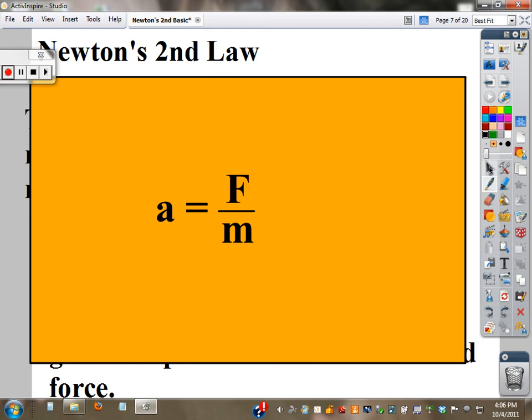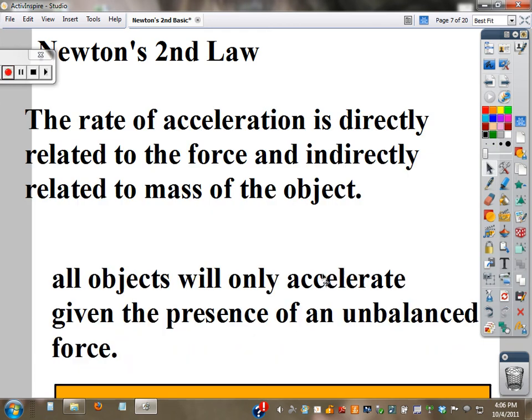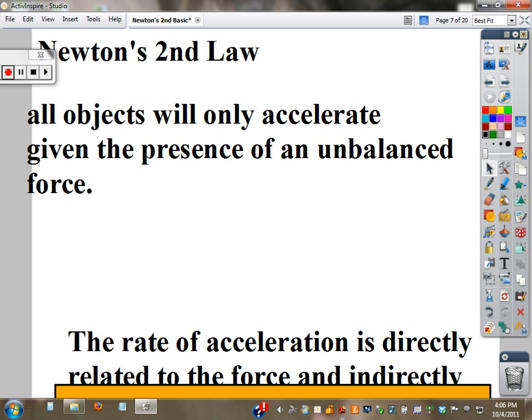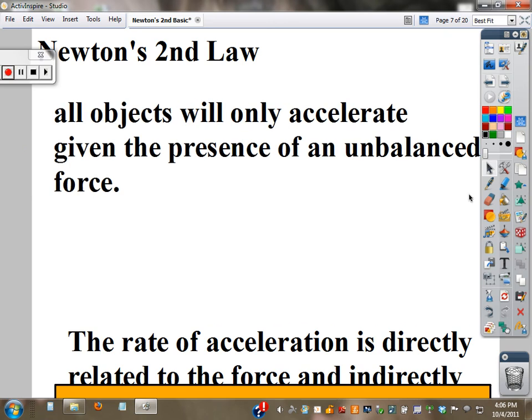Finally, let's see Newton's second law. First thing, all objects, write that down, underline all, will only accelerate given the presence of an unbalanced force.